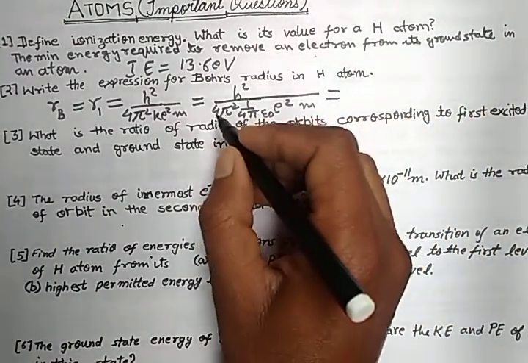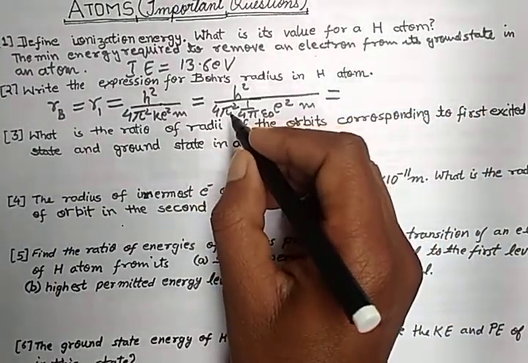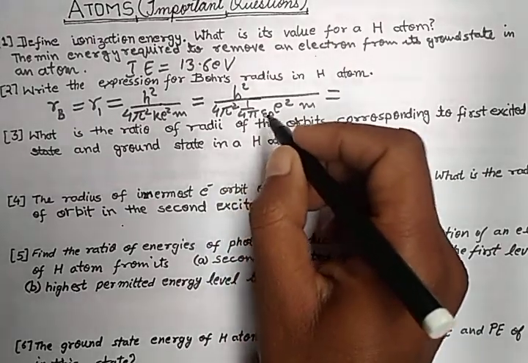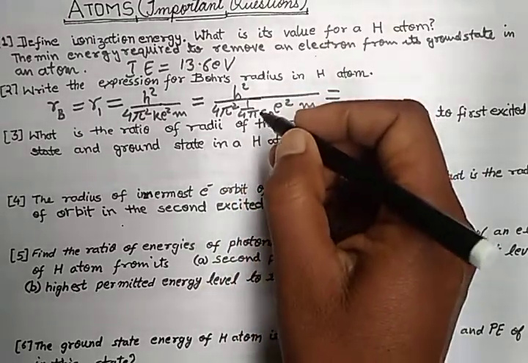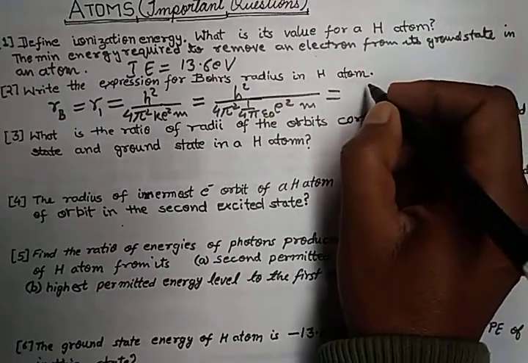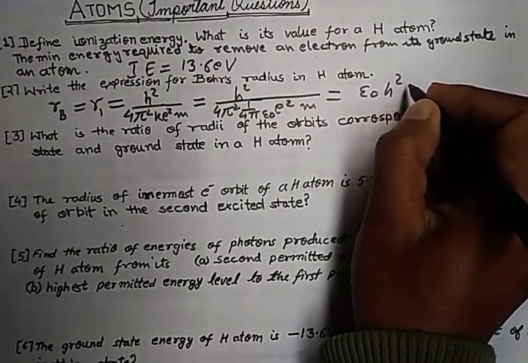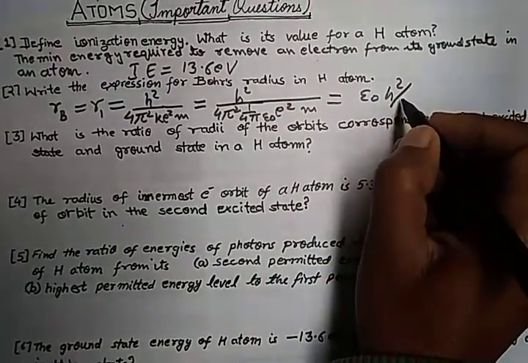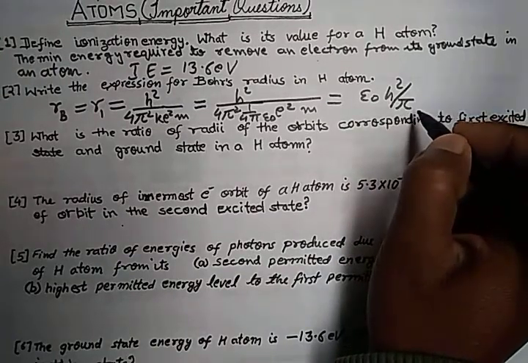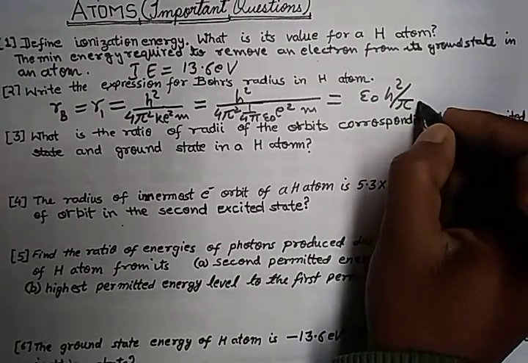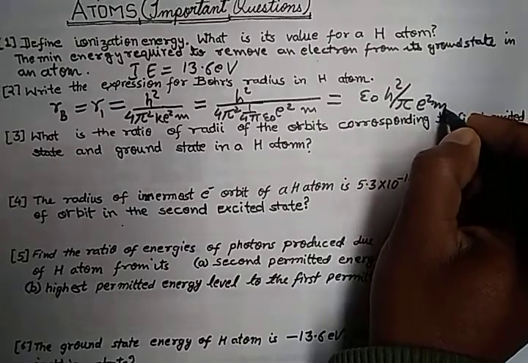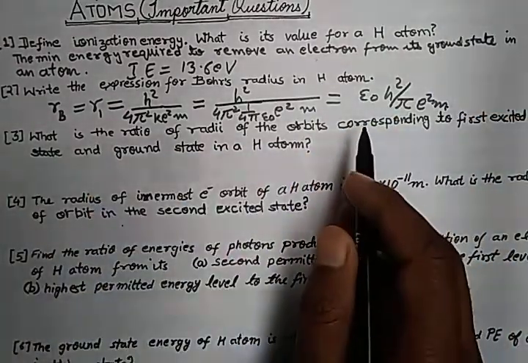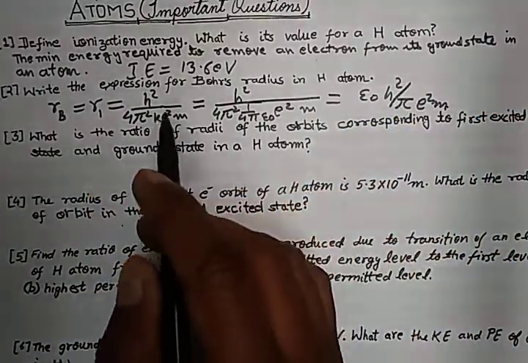So finally, 4 pi will get cancelled, only a single pi will be there, and this epsilon is in the denominator of the denominator, so it will come up as epsilon naught h square upon pi e square m. So this is the Bohr radius. So how can you do it?